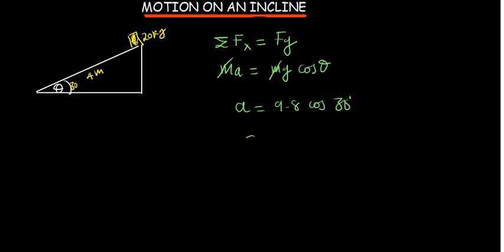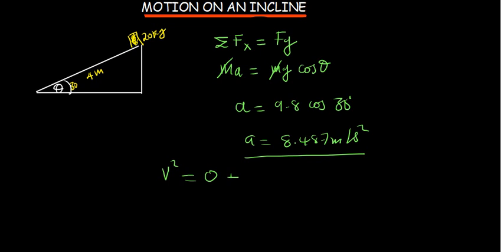And the acceleration is going to be 8.487 meters per second squared. To find the final velocity, since it is coming from rest, final velocity squared is going to be equal to initial velocity, which is 0, plus 2 times acceleration, 8.487, times distance. The distance covered is 4 meters, right?